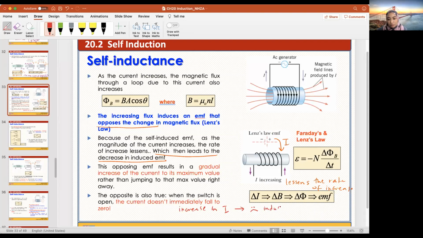And how do we do that? We do it by having an induced EMF through self-inductance, or we can just call it self-induced EMF.